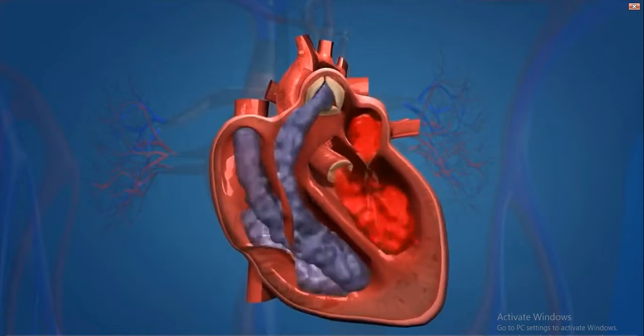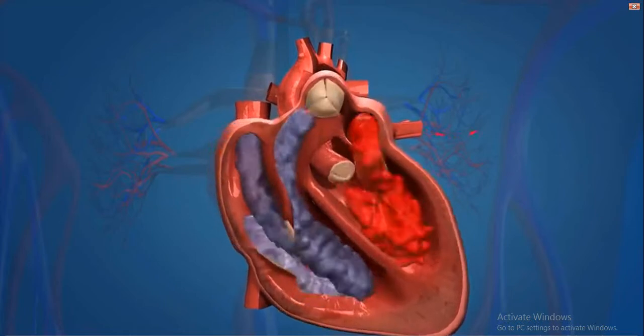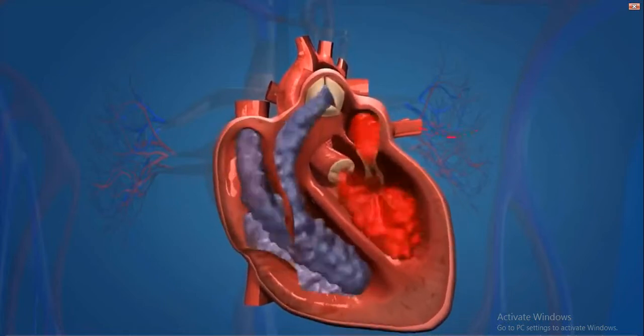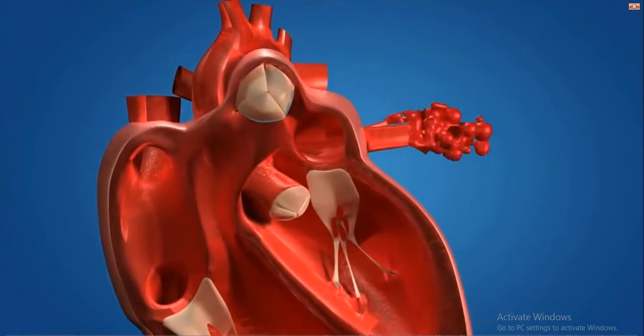Then this is the picture given here. In this diagram you can identify the flow of blood inside the heart. It is given in red and blue color. Now I will explain further about the action of the heart. Here are the pulmonary veins.